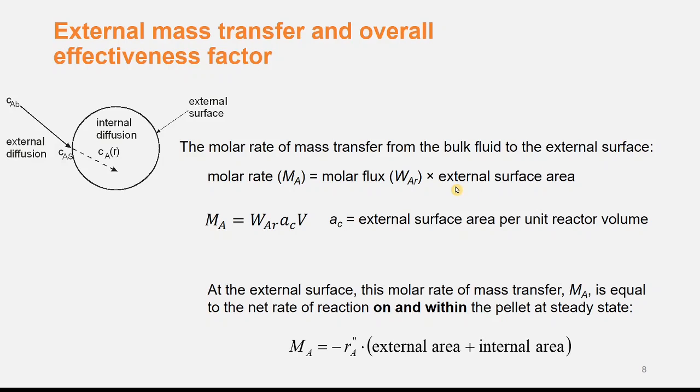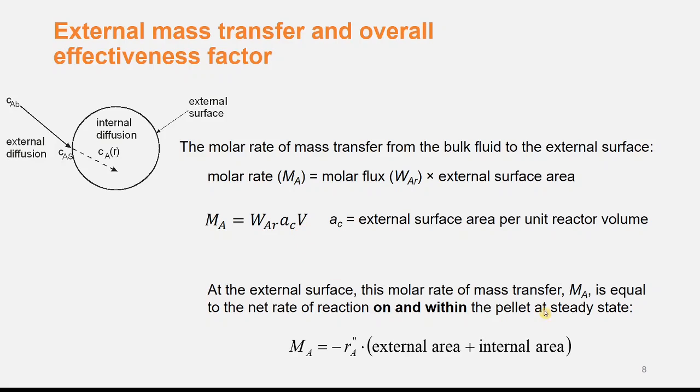For catalyst pellets, we define a_c as the external surface area per unit of reactor volume. So we have M_A is equal to W_Ar times a_c times V. V is the volume of the reactor.